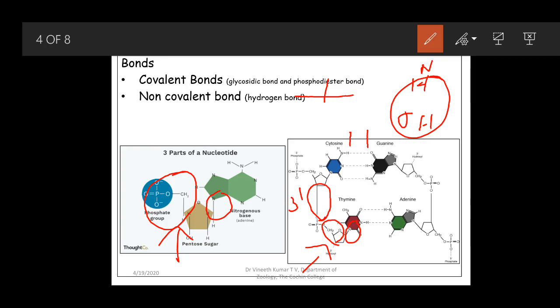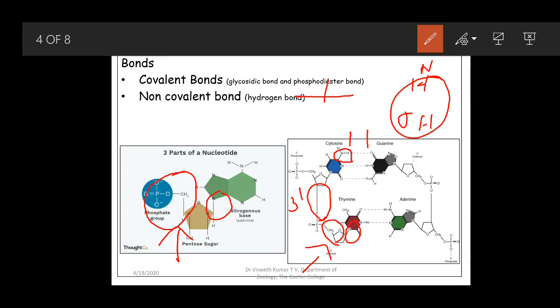There is one more criterion for a hydrogen bond: the hydrogen which is forming a hydrogen bond should belong to, or should be paired with, another electronegative atom. If you take any of the hydrogen bonds, this criterion will be satisfied.